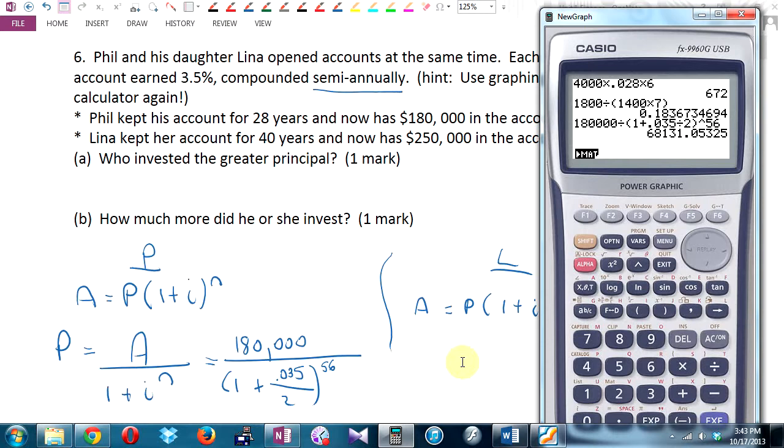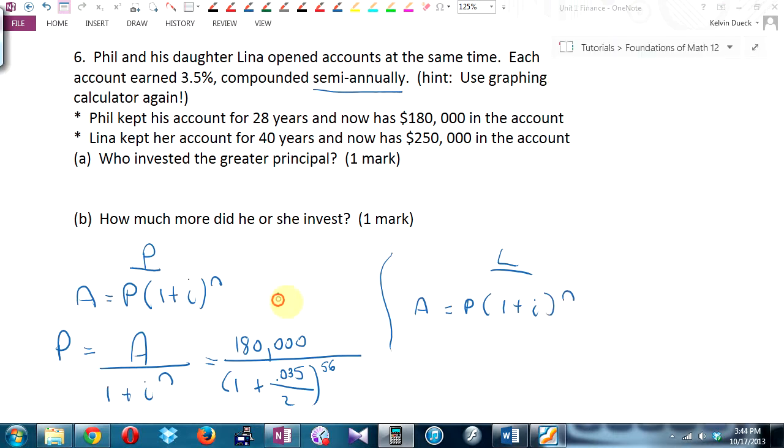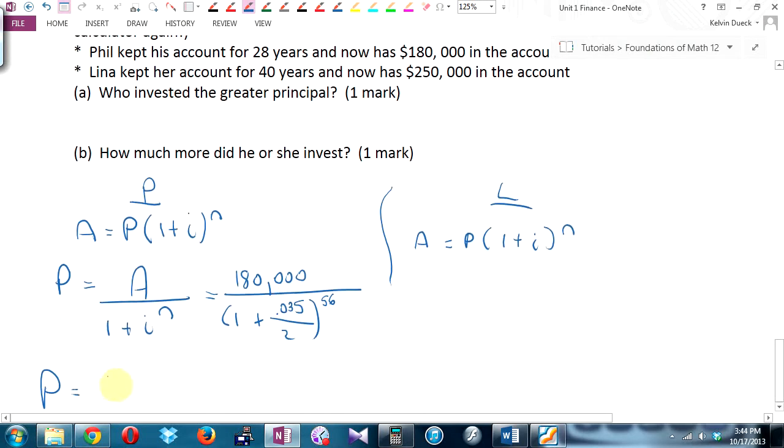Looks like Phil started with $68,131.05, yes? 68,131.05.